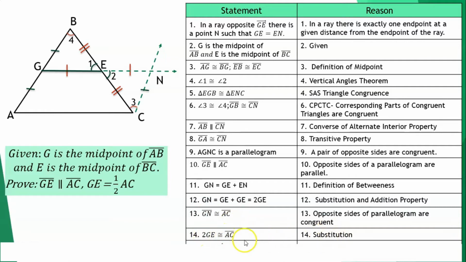Dividing both sides by 2, we will end up with GE is basically 1/2 of AC. That is by multiplication property. Now we divide the entire equation in 14 by 2. So indeed, this one proves this one. And GE parallel to AC is also mentioned in item number 10. So take note of that. It's quite long, but as long as you get through the process, you will still get it.